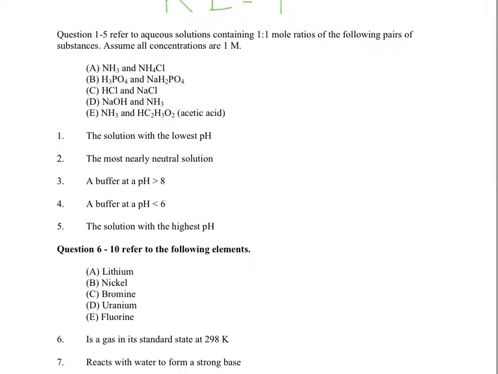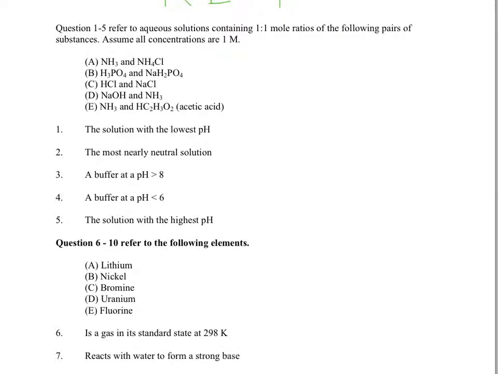Refer to aqueous solutions containing 1-to-1 mole ratios of the following pairs of substances. Assume all concentrations are 1 molar. The solution with the lowest pH. When it says lowest pH, what is it referring to? Very good, the most acidic, which is the most H+, right? All right, the next one: most nearly neutral.